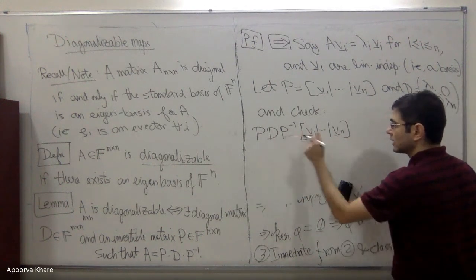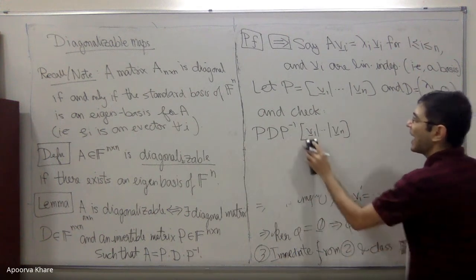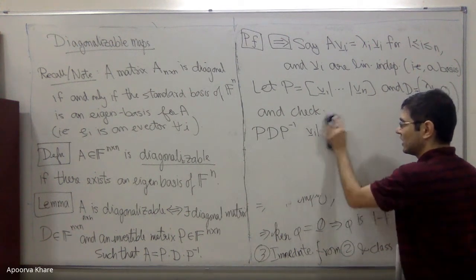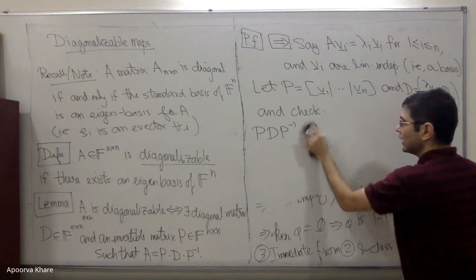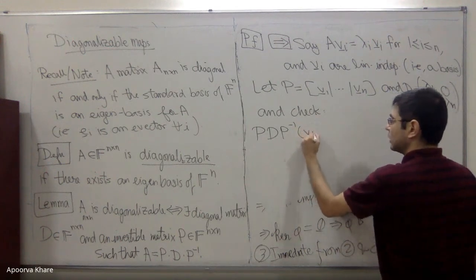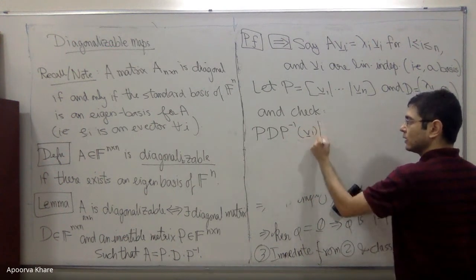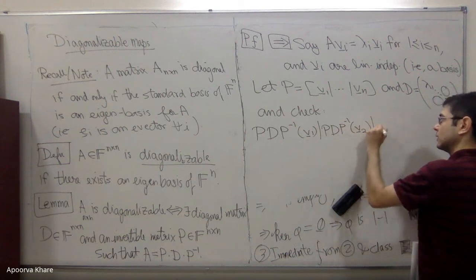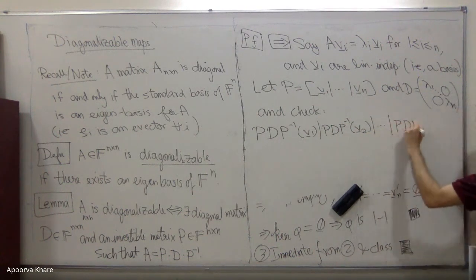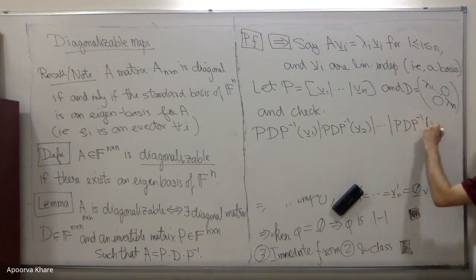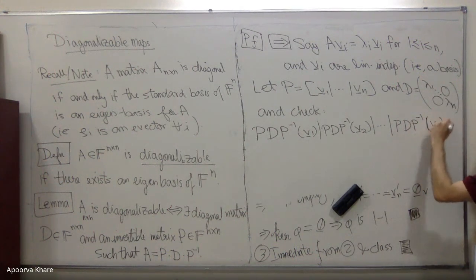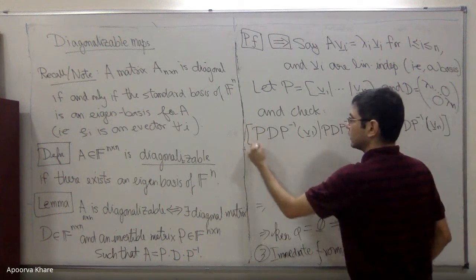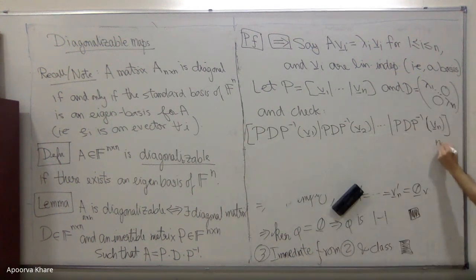So first of all, let's do it the correct way. I'm exactly going to do that, but let me say it differently. This is a column vector. This is a column vector. This is a column vector. So this is actually a matrix which is n cross n.